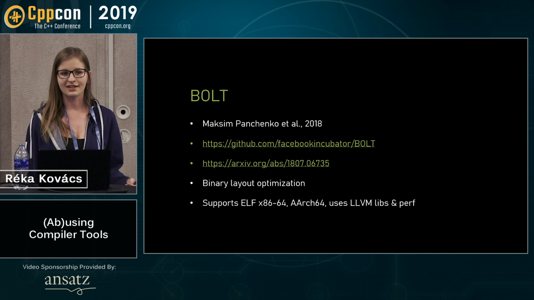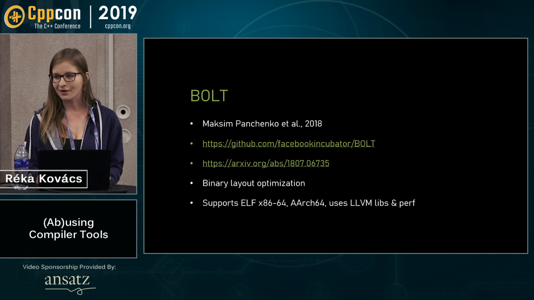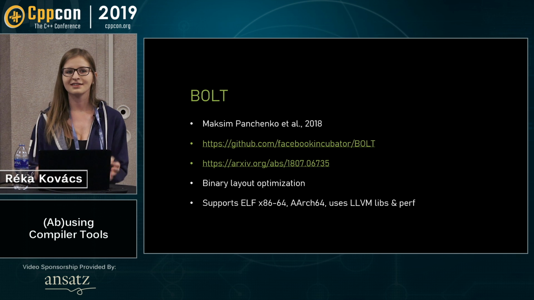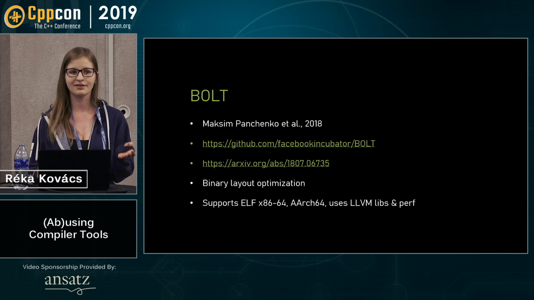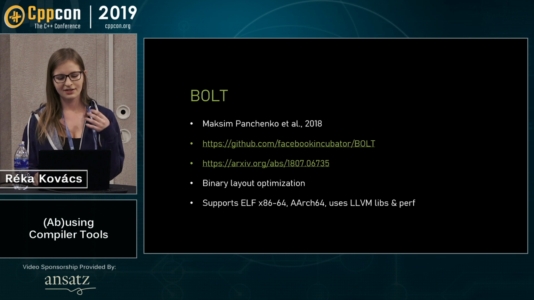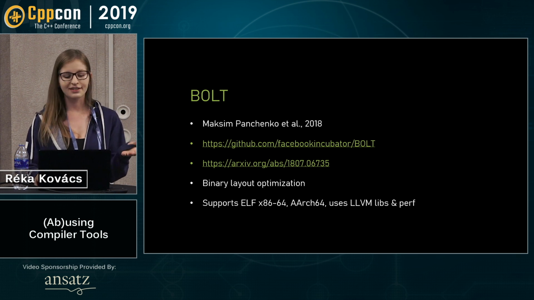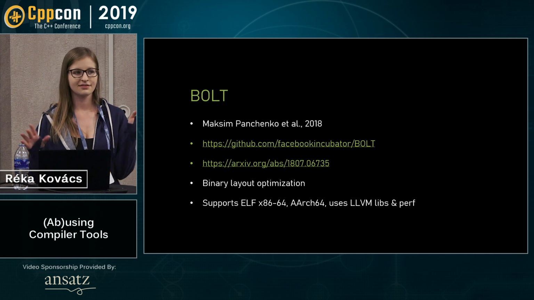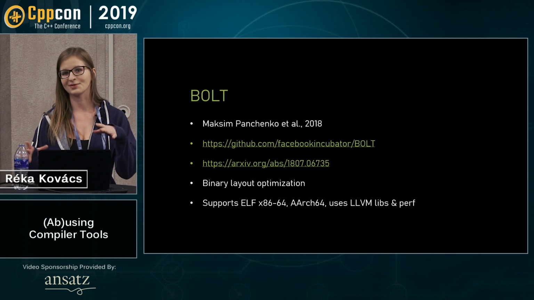What it does is binary layout optimization, meaning that it takes your binary and rewrites it in a way that it will be faster. It currently only supports Linux binaries, and it takes a tiny bit more time to set up because it needs LLVM.